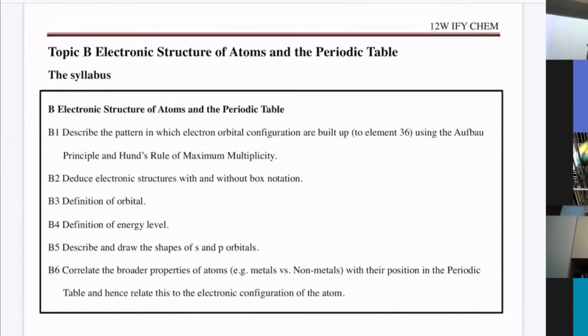In grade 9, you learned that an atom has different electron shells and how to arrange those electrons into different shells. In this part, we're going to learn what makes the electron shell and how we should allocate those electrons.